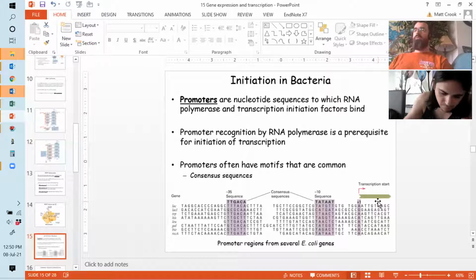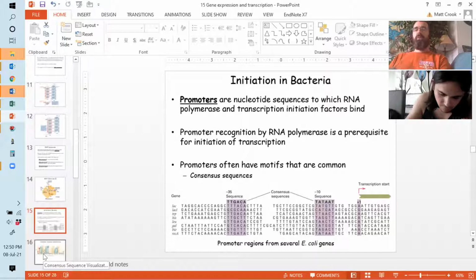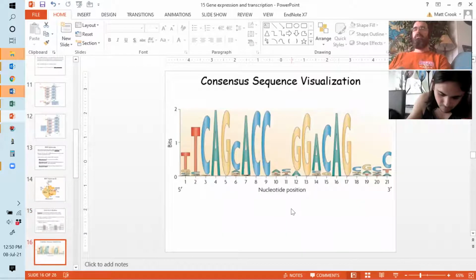And what you'll find in promoters is there are going to be sequences in the DNA which are common to multiple promoters. These are called consensus sequences. What we mean by a consensus sequence, you can graph it out here: which base are you more likely to find at any given position?